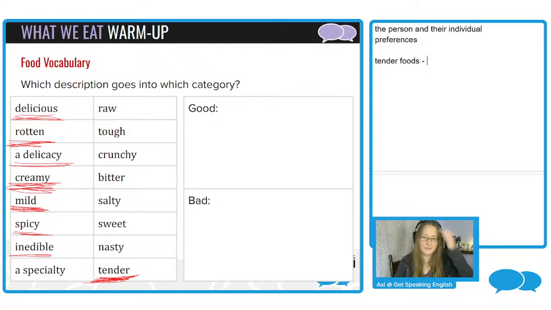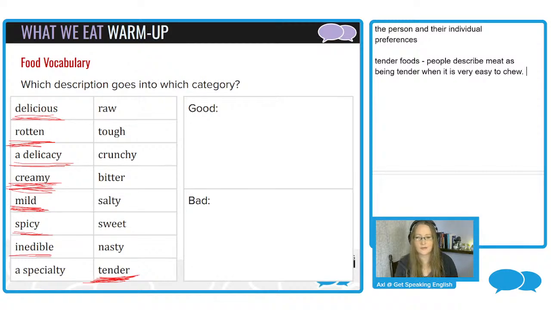Yeah, I always feel like people talk about meat as being tender. Particularly when it's very easy to chew, right? Chew, that action with your teeth.